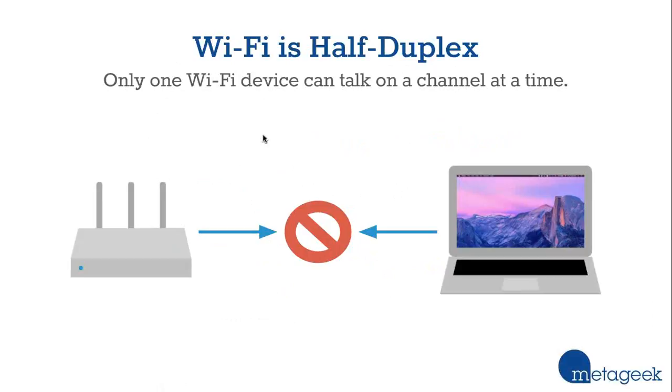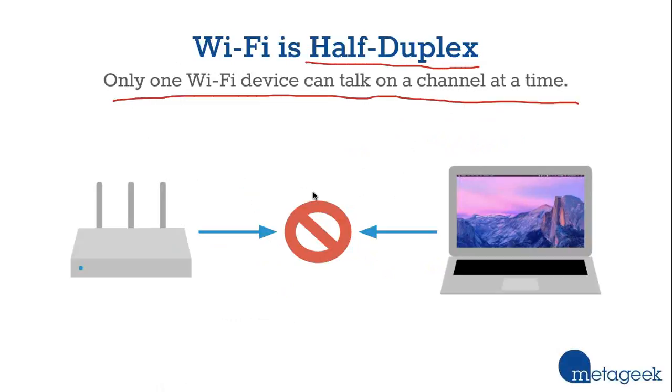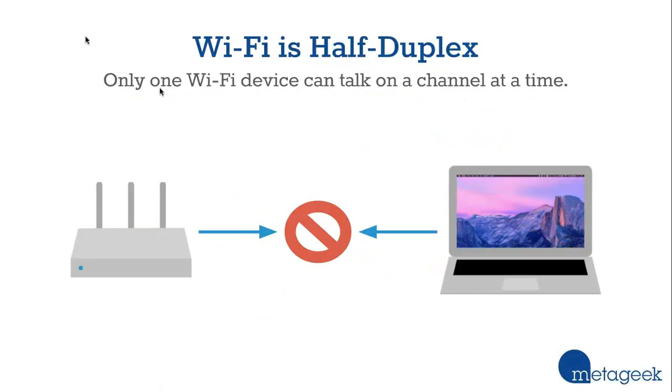Instead of being full duplex like Ethernet is, Wi-Fi is half duplex, which means only one side can talk at a time. The end result of that is that only one Wi-Fi device can talk on any channel at any time. If two devices try to talk to each other, they'll basically just cancel each other out, and they won't be able to understand each other, much like a human conversation. So we have to think about this when we're working with Wi-Fi.